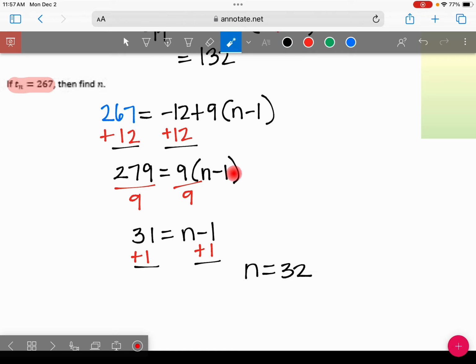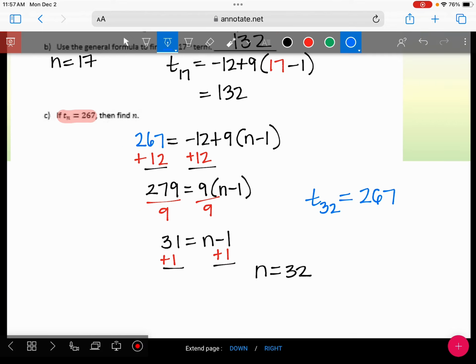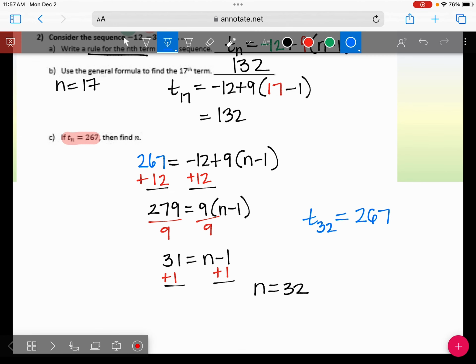Did everybody distribute the 9? Or did anybody divide it out? Okay, either way you get 32. So what that means is that the 32nd number in this sequence is 267. Any questions about our first example? All right, let's move on to the next.